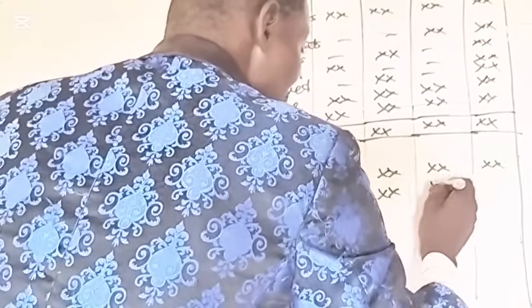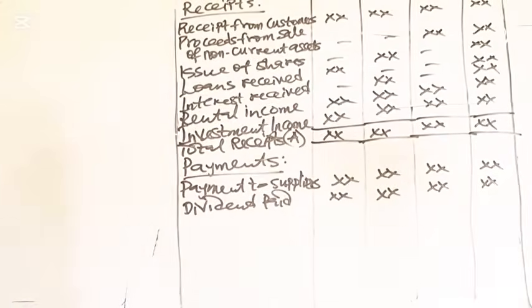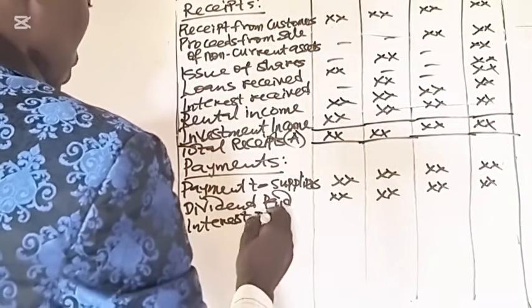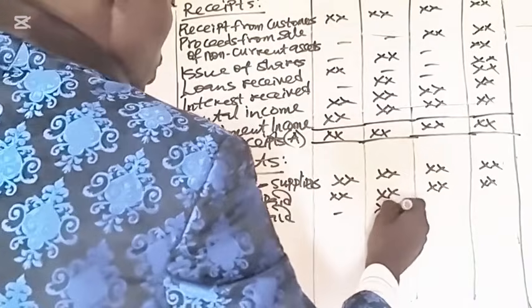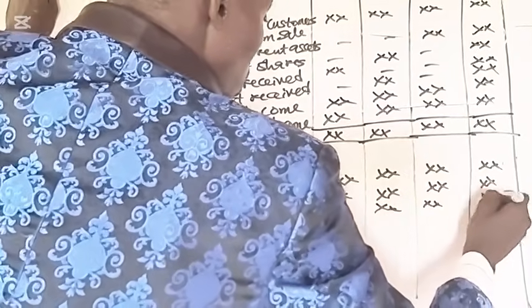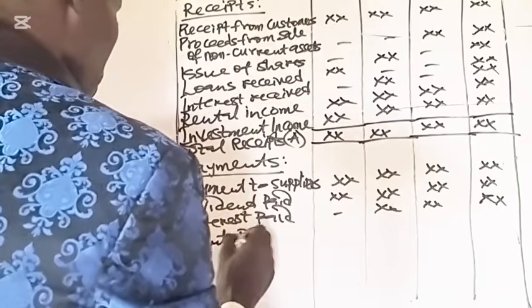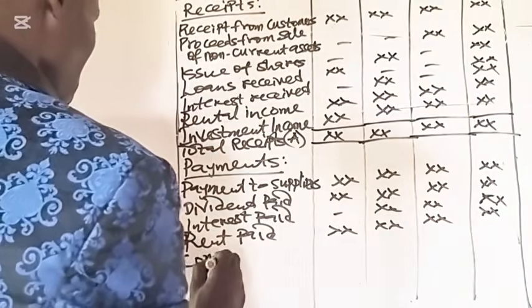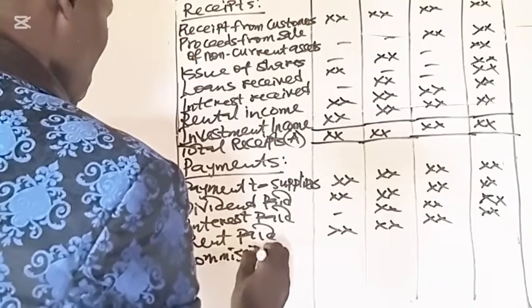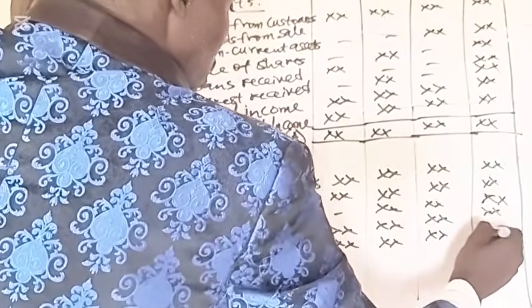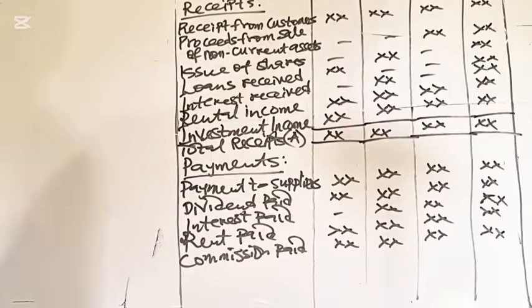Dividend paid is different from dividend proposed. Interest paid on loans, rent paid, commission paid. If you have commission received, you have that under receipts.